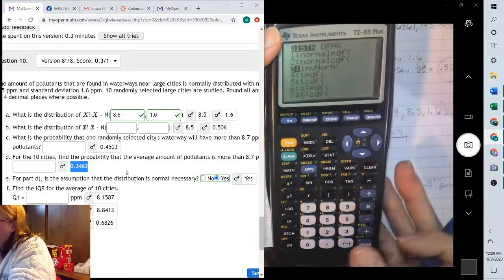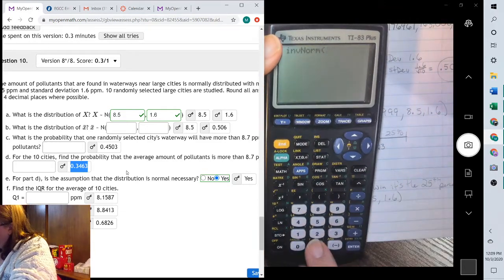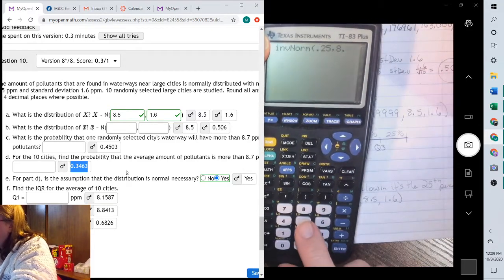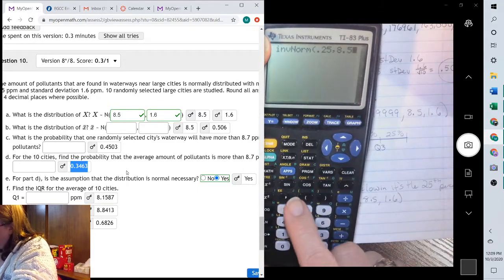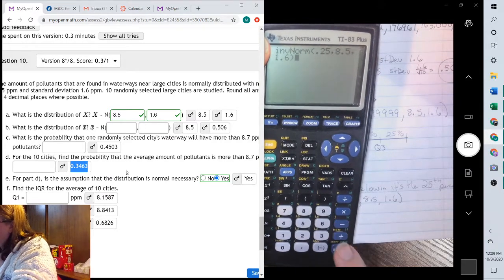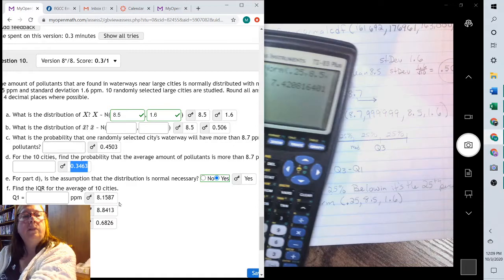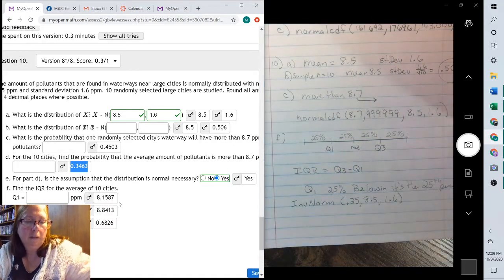So we bring that up. We put our quarter, 8.5 and 1.6. And that gets us our, whoops, did I put in wrong? 0.25, 8.5 and 1.6. Maybe you don't need the decimal. Nope, you need the decimal.